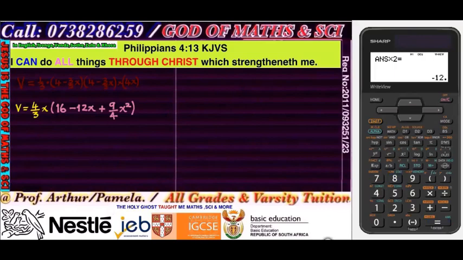All right, so we're not done yet. Let's simplify the volume. So the volume will be, now I must multiply inside. So that means I need 4/3, 4 over the 3. I'm gonna make equal sign.